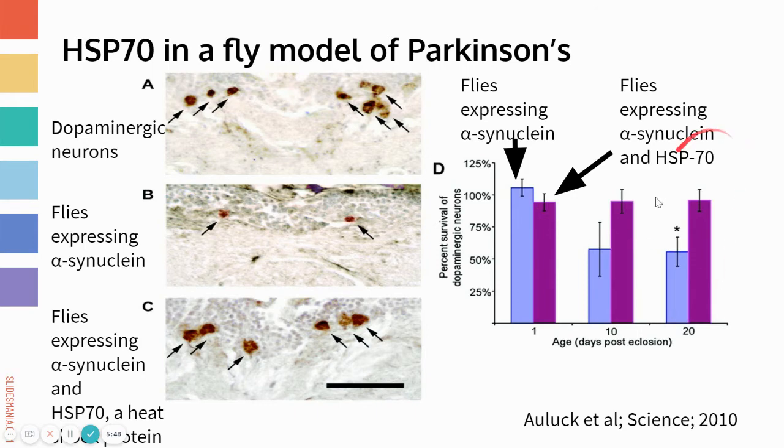But over time, you can see that after 20 days, the neurons that only have alpha-synuclein, in this light purple color, have died by almost 50%. But the flies that got alpha-synuclein and the chaperonin HSP70 still have close to 100% survival. So this shows that HSP70 is able to protect against neuronal loss in this fly model of Parkinson's.